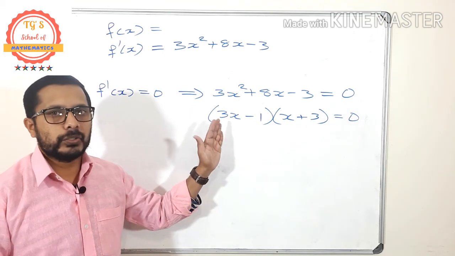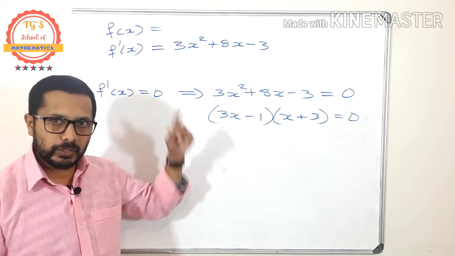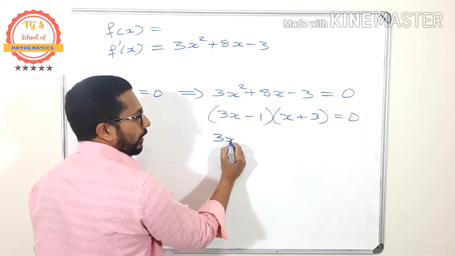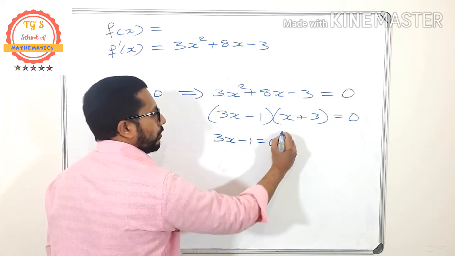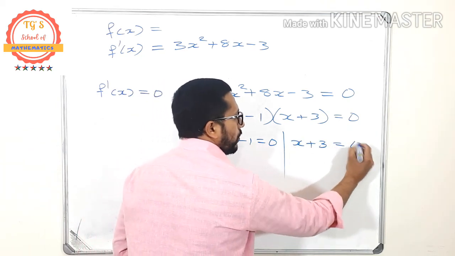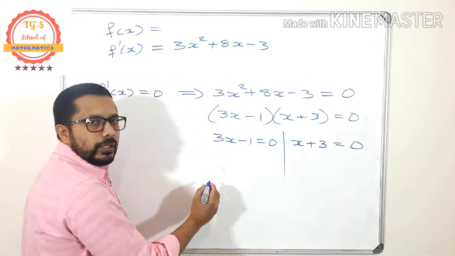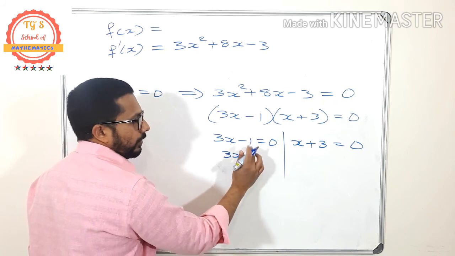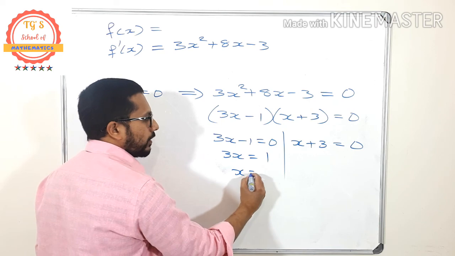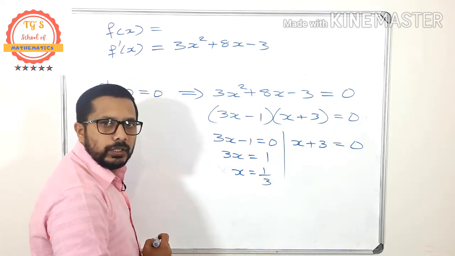This one you have to study in the algebra topic. So what is the meaning of that? Either 3x minus 1 is equal to 0 or x plus 3 is equal to 0. If 3x minus 1 is equal to 0, what is 3x? Take this minus 1 to the other side, that is positive 1. So what is x? x is equal to 1 over 3.